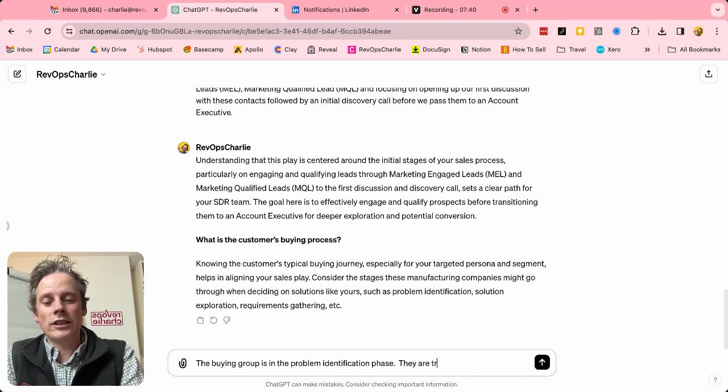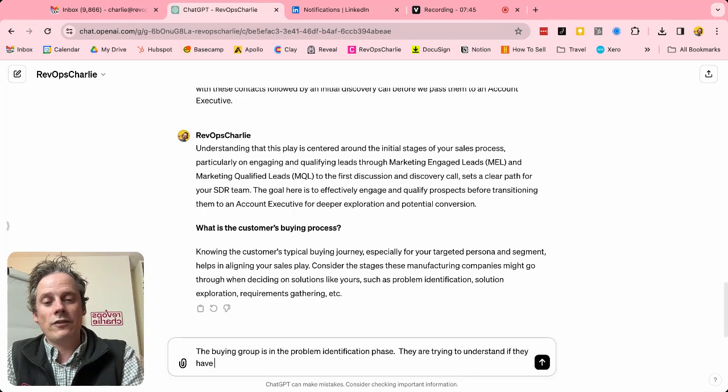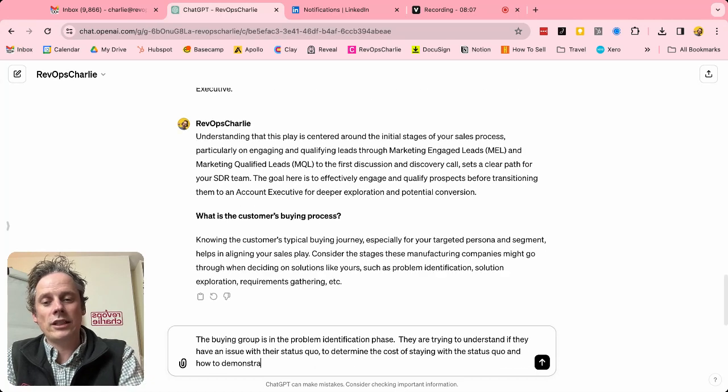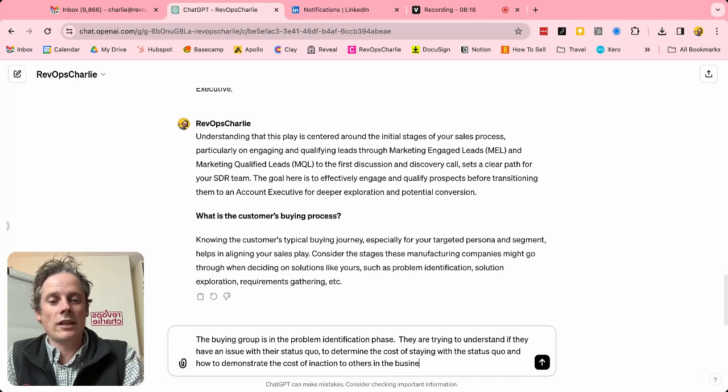They are trying to understand if they have an issue with their status quo, to determine the cost of staying with the status quo, and how to demonstrate the cost of inaction to others in the business.